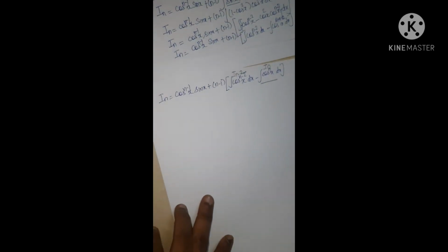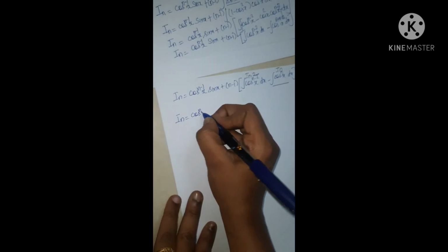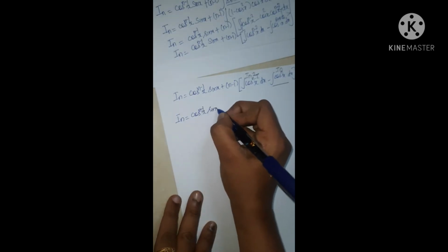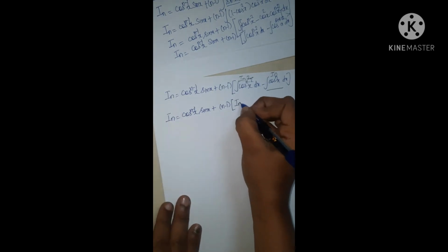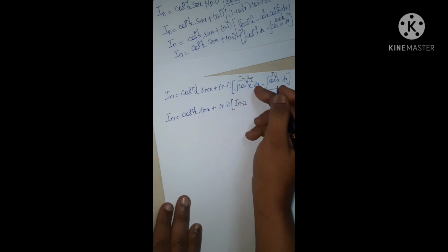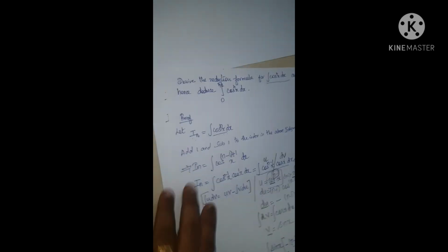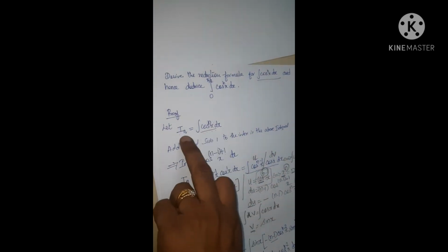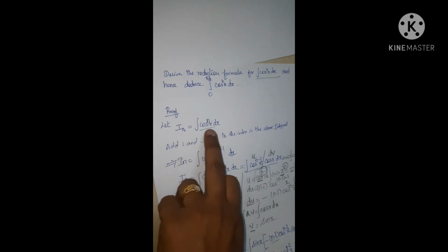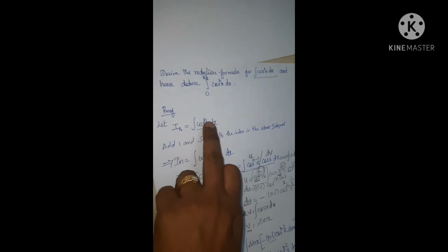Therefore, with this understanding, we'll have the next step. I_n = cos^(n-1)x sin x + (n-1) of I_(n-2). Instead of writing the integral, we are allowed to replace it by I_(n-2). What is the reason? Because in our very first step, we considered integral cos^n x as I_n. So when the power is n, we put I_n; when the power is n-2, we put I_(n-2).